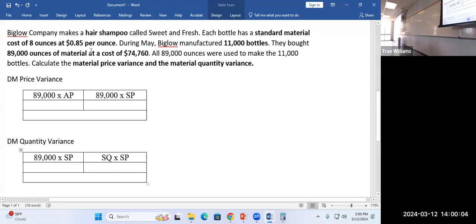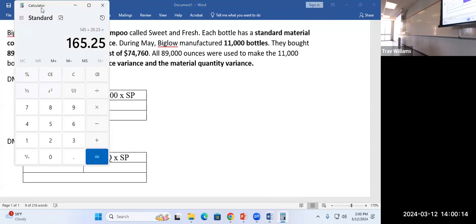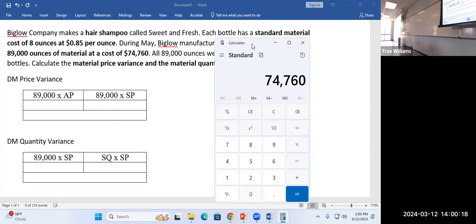Okay. So in this case, they didn't give us that number. They told us the total cost of the material. And like Jordan said, you might not have heard him, but if you take that total cost and divide it by how much material they bought, it's 84 cents per ounce.